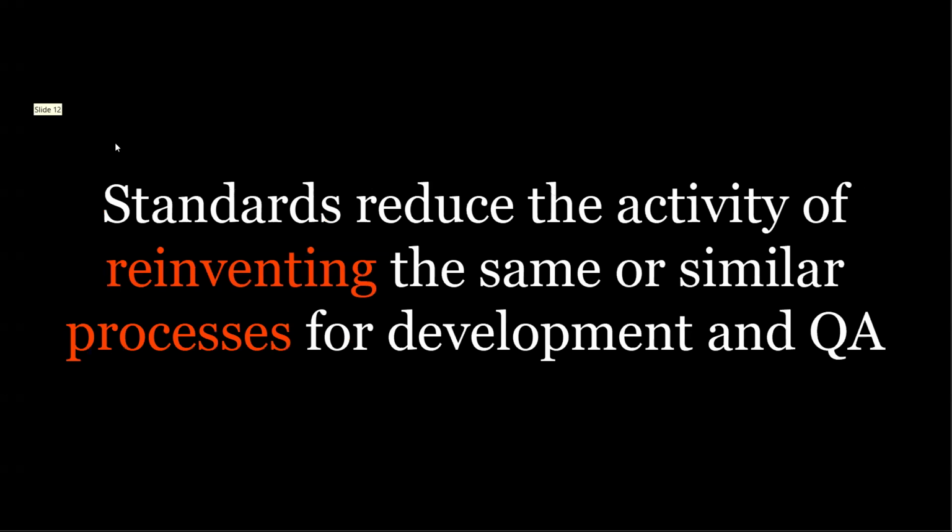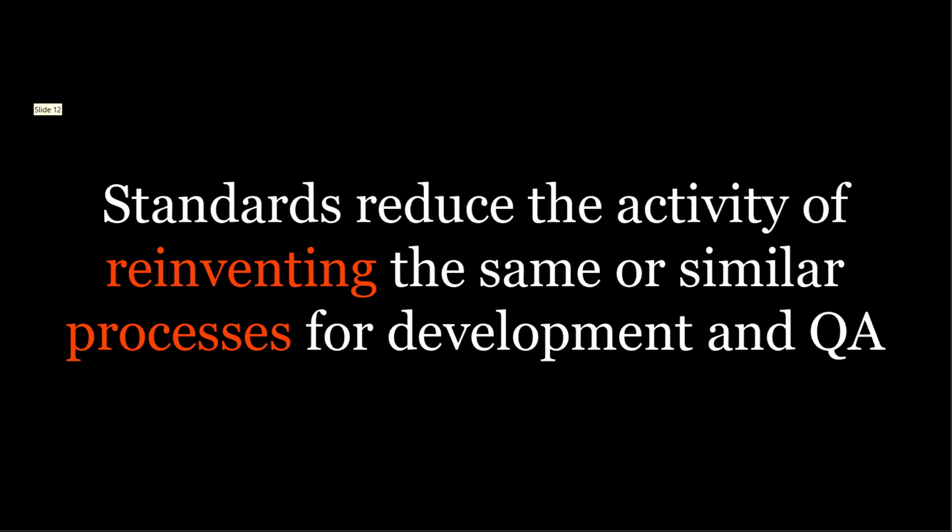Right. So let's look at some definitions first. When you say standards, not ISO, any standard, when you introduce any standard, that will reduce the activity of reinventing the same. We call it reinventing the wheel. That means when you have a standard, it will allow you to spend time on other things rather than reinventing or redoing, recoding, refixing stuff.